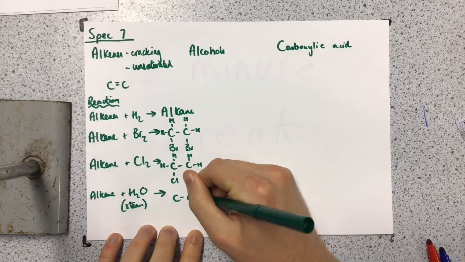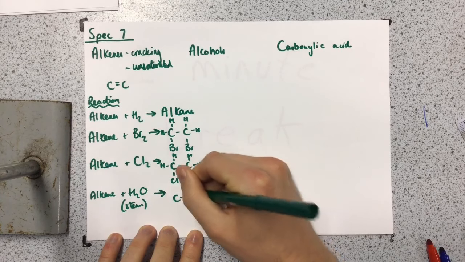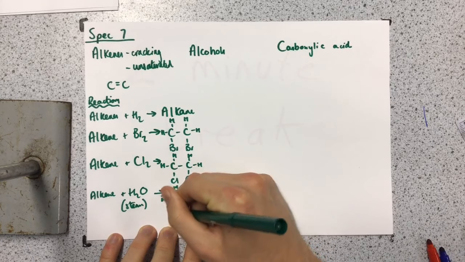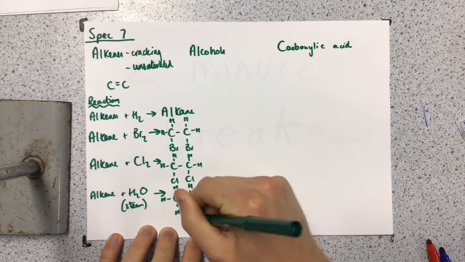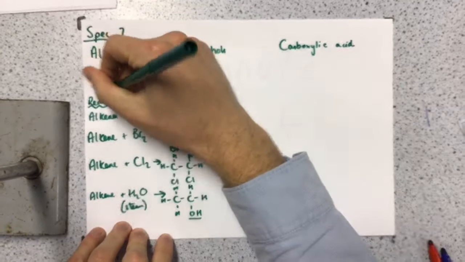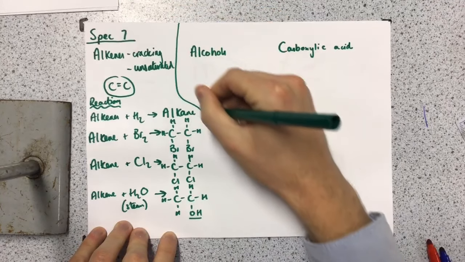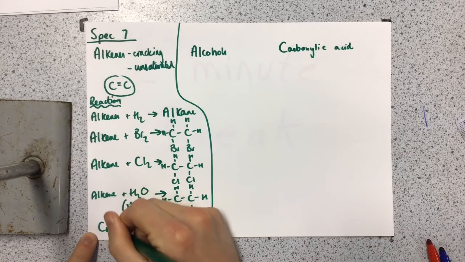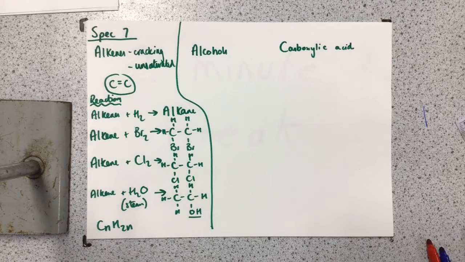So in this case, we've got ethanol being produced. Just as an example. So there you can see you've now made an alcohol because of that functional group. Functional group of an alkene is your carbon-to-carbon double bond. I'll chuck on the general formula as well, but as a recap. So CnH2n, dead easy.